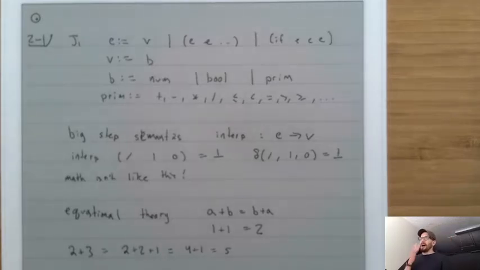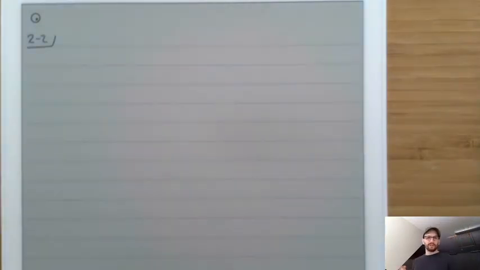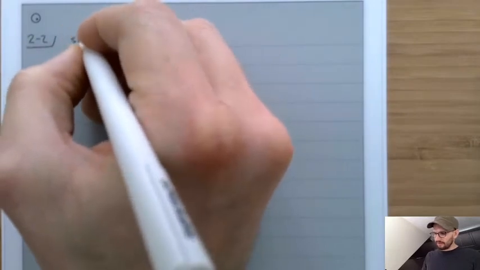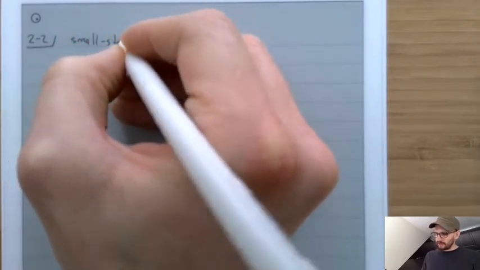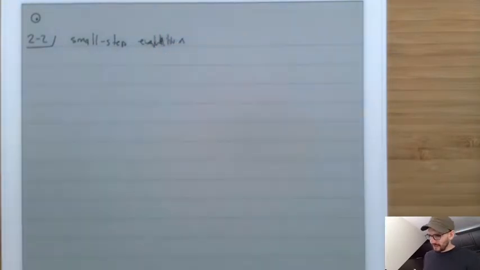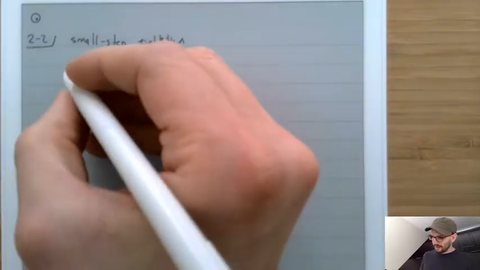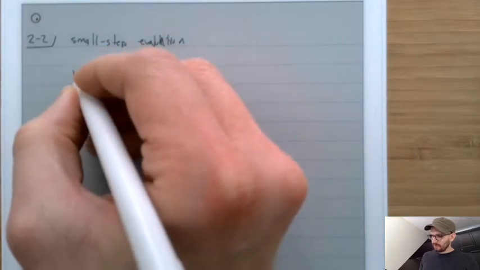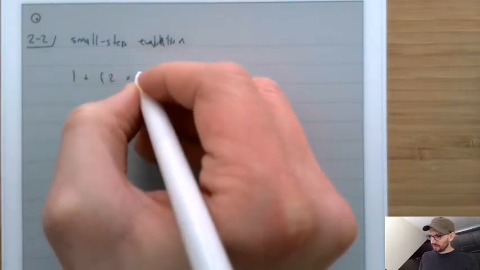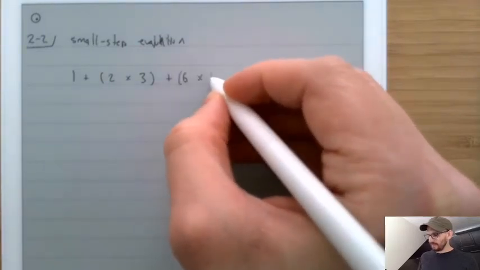Now, typically, when you do mathematics, when you do arithmetic when you're young, you do what's called a small step evaluation. For example, if I give the following problem to my 9-year-old, I say, all right, can you add 1 plus 2 times 3 plus 6 times 10?